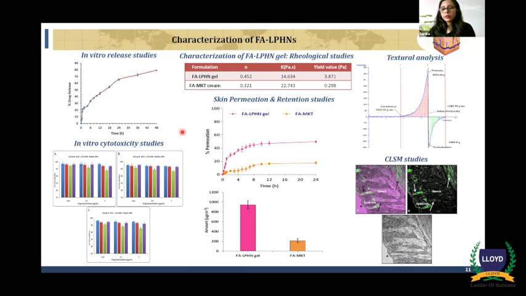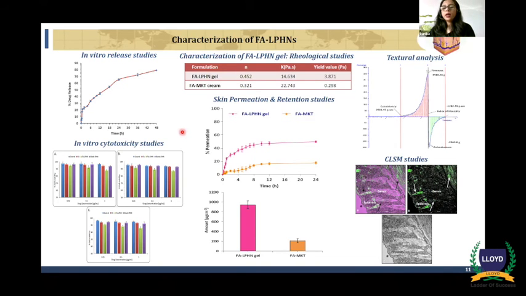Then another important thing for topical drug delivery, which has to be considered, is the appearance of that formulation. Although physicochemical characterization of the carrier is important, it is also important how your formulation looks and what the rheological as well as textural characteristics are, which ultimately define the ease of application of that formulation on the skin surface.